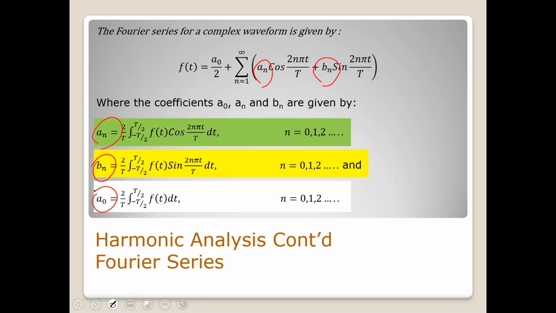Now, because I am fully aware that this is something that you will do in Fourier series, the syllabus asks for you to be able to just use the expressions. So our purpose here is not for you to derive or to do the harmonic analysis, but to use the Fourier series to do your calculations.